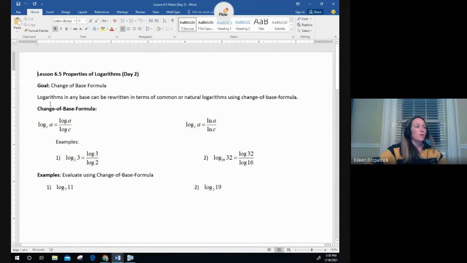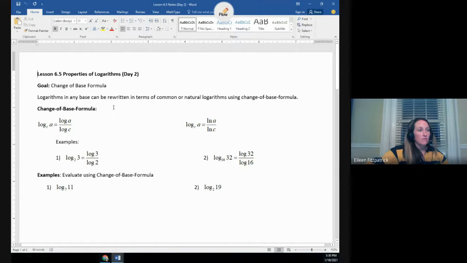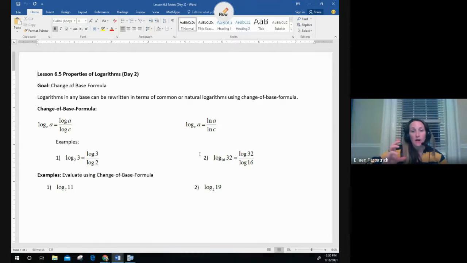Okay, so logarithms in any base can be rewritten in terms of common or natural logarithms using the change of base formula. I mentioned in one of the videos ago that scientific calculators don't have the ability to put in your own base.